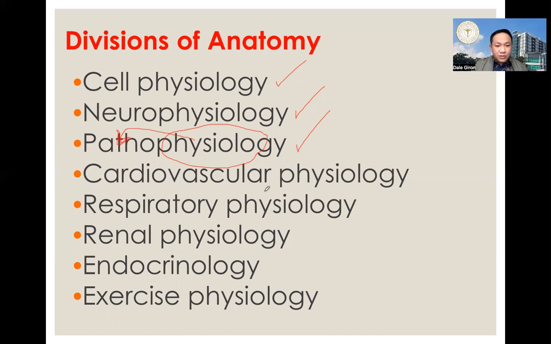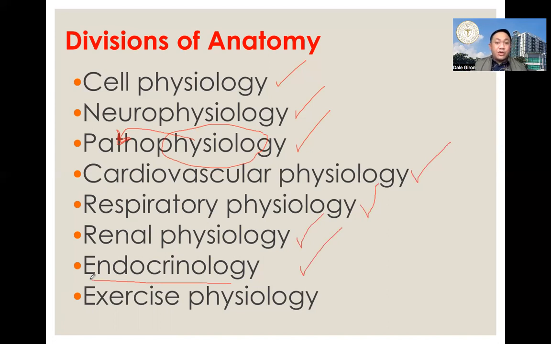Okay. What else? We can also describe cardiovascular physiology, respiratory physiology, and renal physiology, the study of the normal function of the kidneys. Endocrinology is the study of the different endocrine organs.